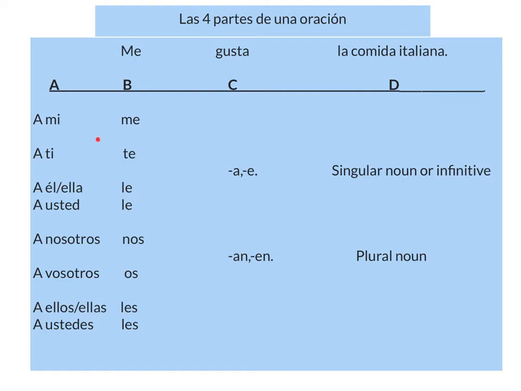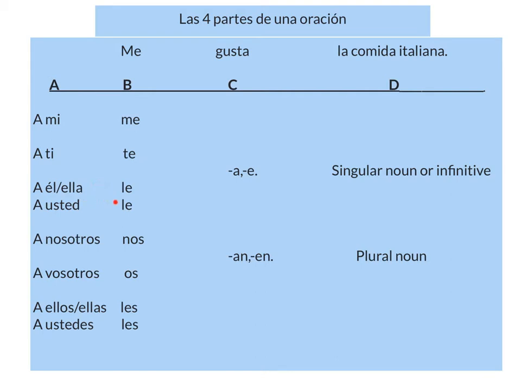Part B, and these little words that you see in its column, kind of do the same thing. We'll get into later on in the school year what these little words do and how they're used. For now, the best thing for you to understand is that anytime you say a mí, you need to have me right next to it. Anytime you say a ti, you need to have te next to it. A él or ella, le.